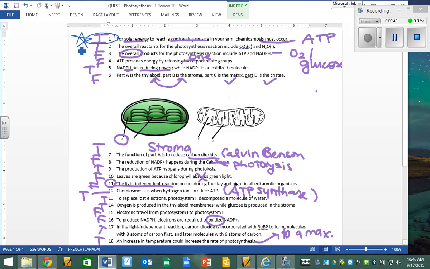The other thing that I recognize is that each step of photosynthesis has a whole bunch of little parts in it. And so I regularly like to take one of the parts and make it a written question so that you can tell me what you know about it. Maybe you forget one of the details, but you remember some of the other ones. Photosystem 1 and 2, so photolysis.